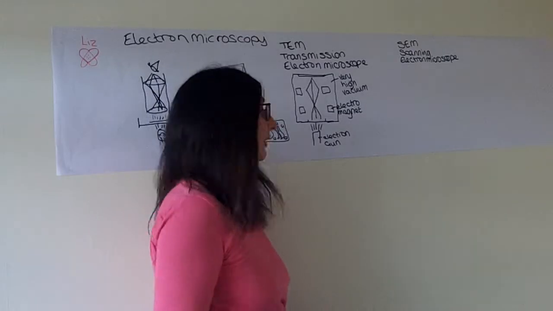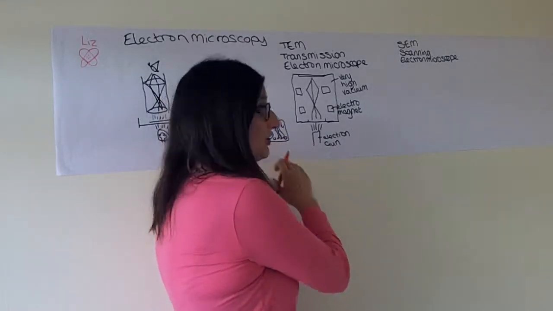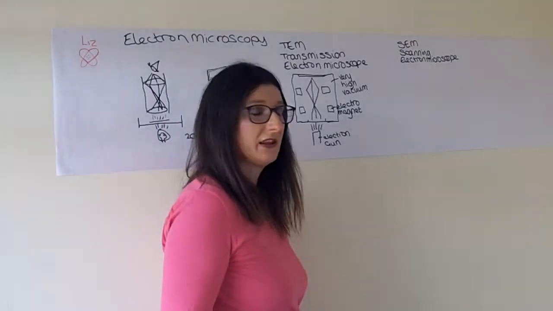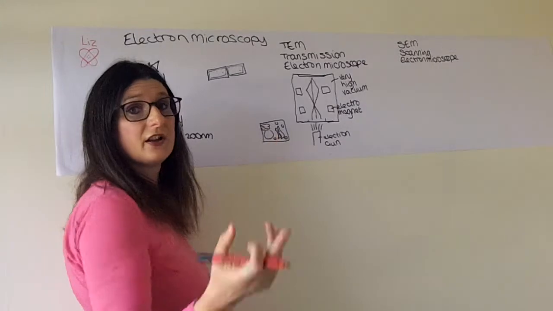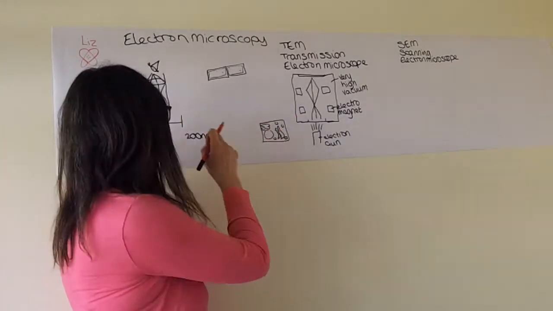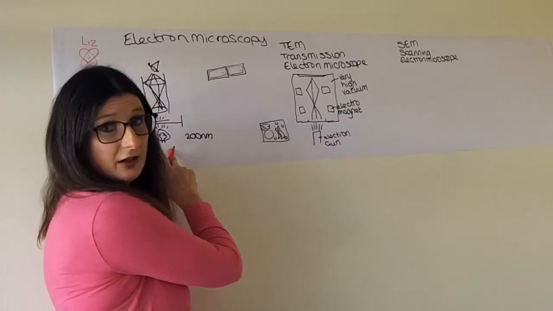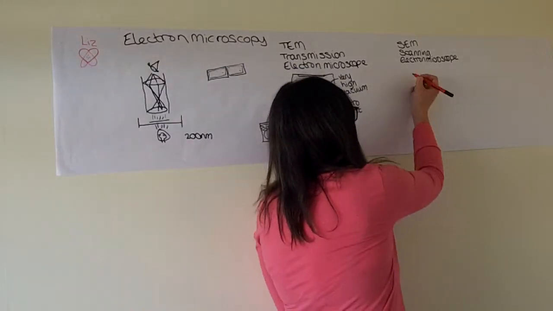And those are, well, that's a drawing obviously, but those pictures would be taken with a transmission electron microscope, because these bits inside the cell are way too small to be seen with an optical microscope. So that's our transmission microscope.